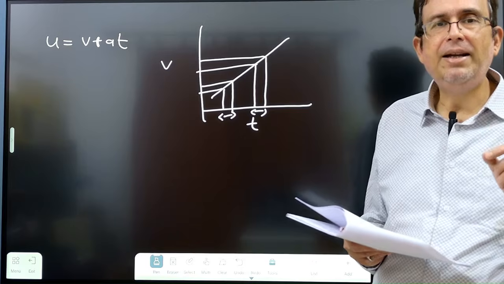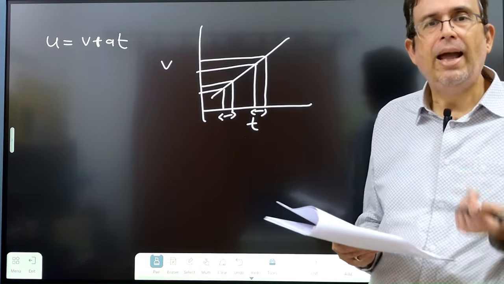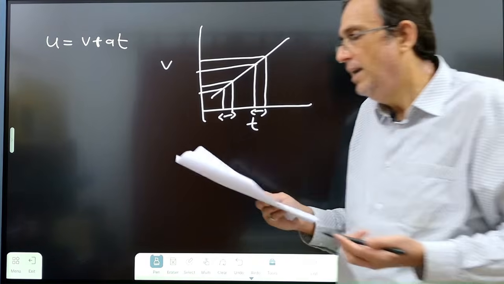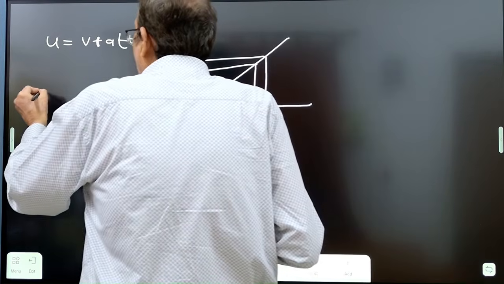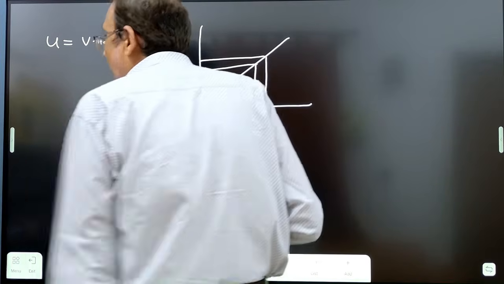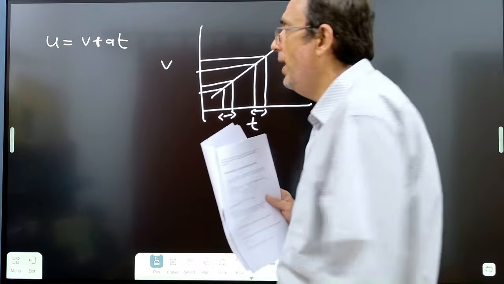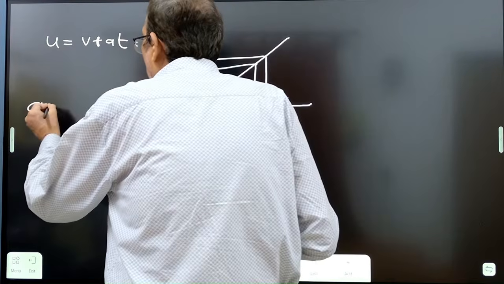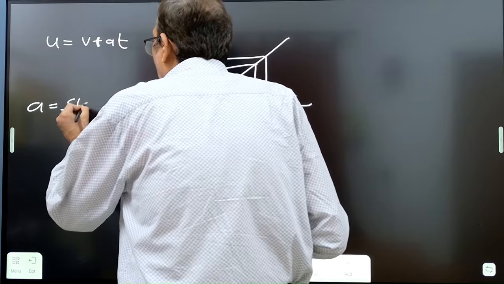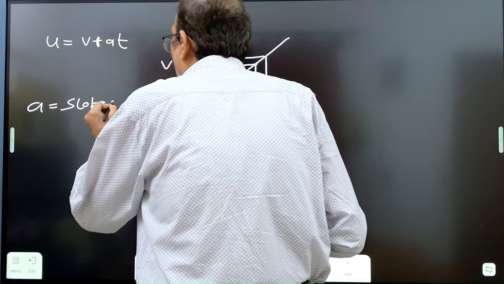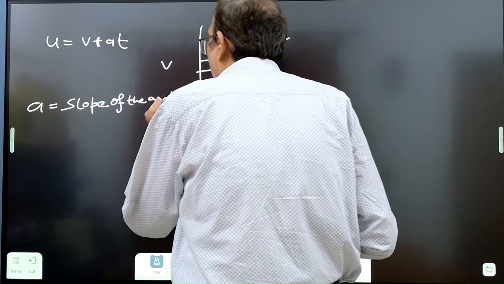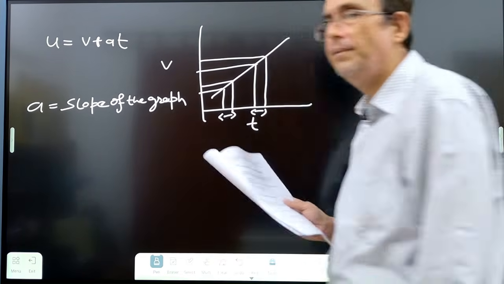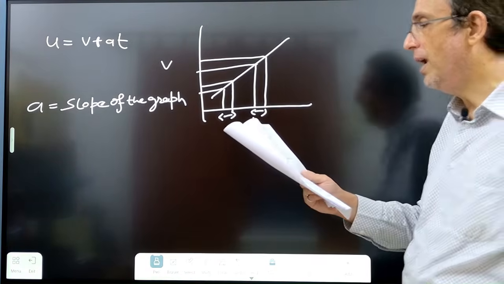So delta v by delta t is actually the slope, and the slope is basically change in velocity divided by change in time. So it would be equal to the acceleration by the definition of acceleration. So a would be the slope of the graph.